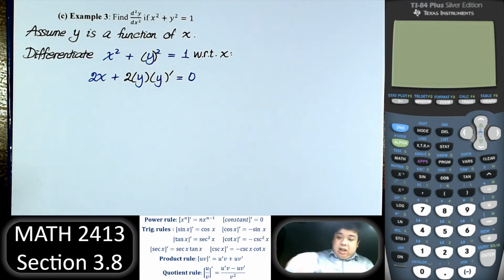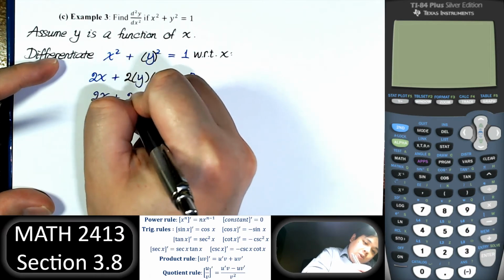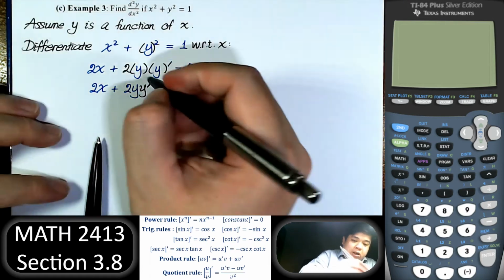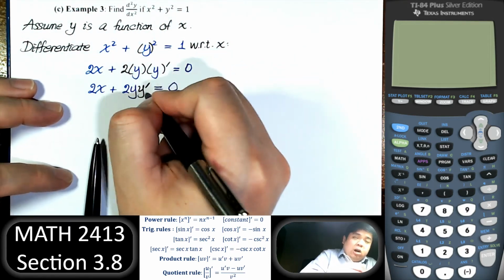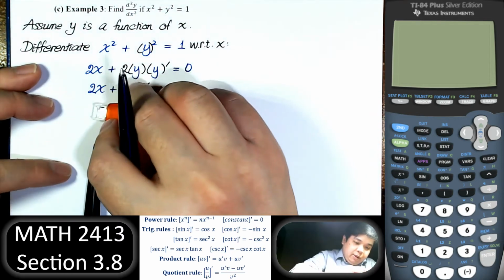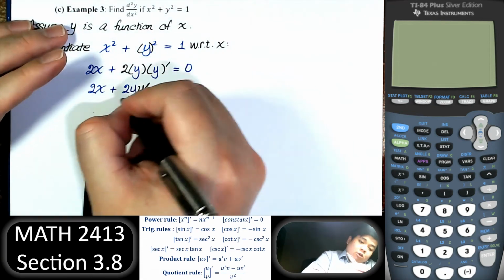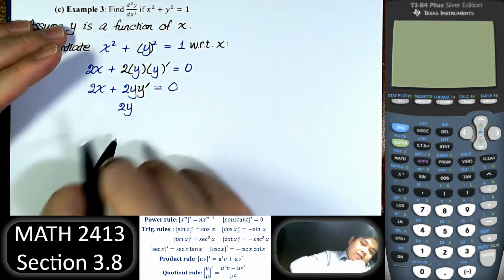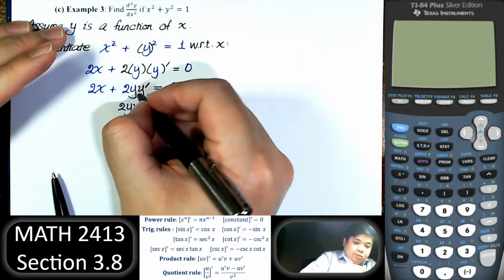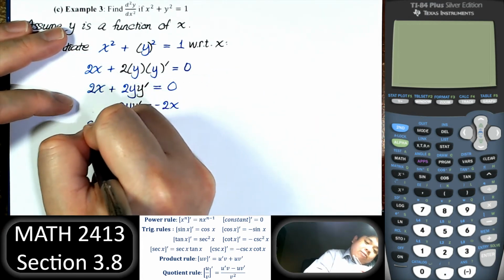So in that case, let's simplify: 2x plus 2y y prime equal to 0. Solve for y prime. Move the 2x to the other side and divide by 2y.